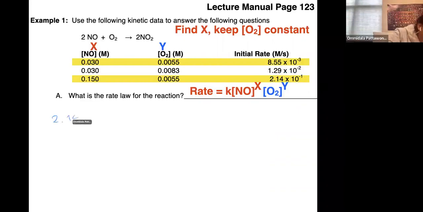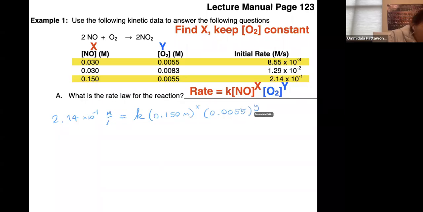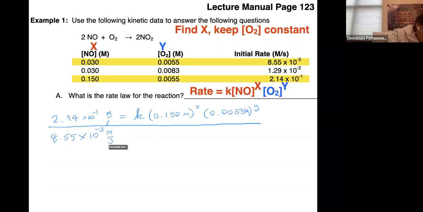So it's 2.14 times 10 to the negative 1 molar per second, equal to K times the concentration of nitrogen monoxide raised to X, and the concentration of oxygen raised to Y. We divide this whole thing by experiment 1: 8.55 times 10 to the negative 3 molar per second, with nitrogen monoxide at 0.030 and 0.0055 molar for oxygen.